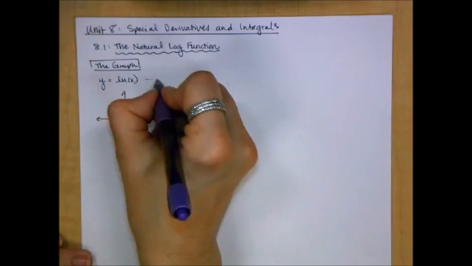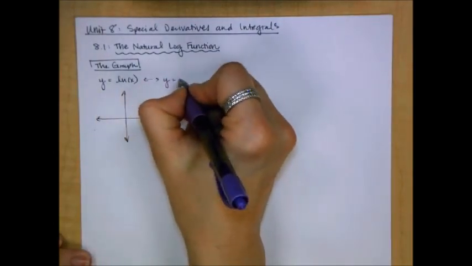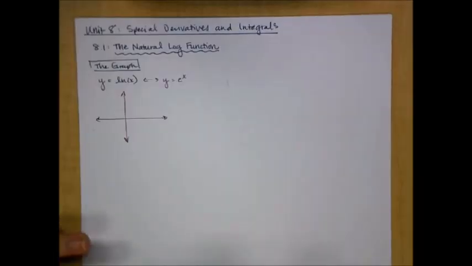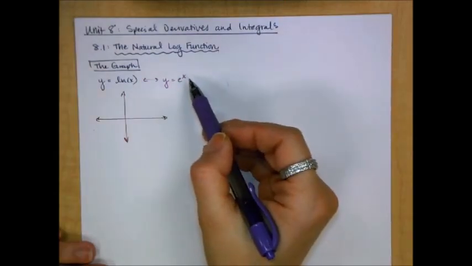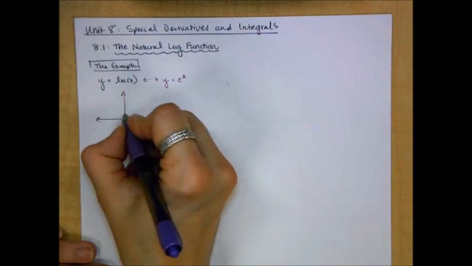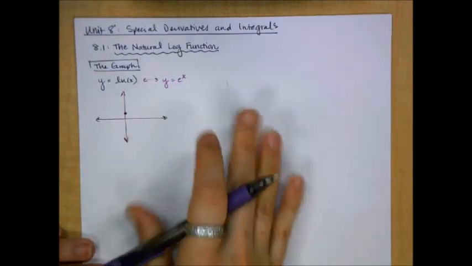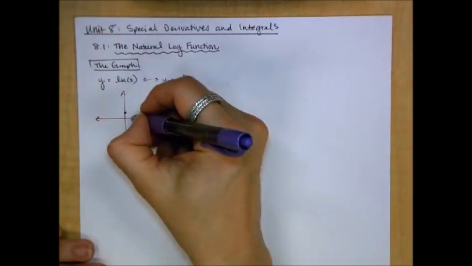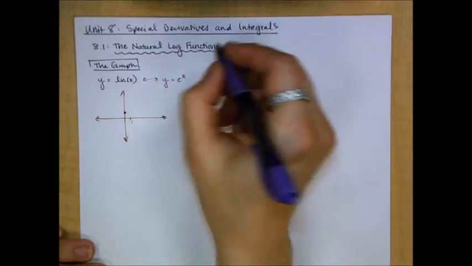So any base to the power x, we'll start with e to the 0 power is 1. Anything to the 0 power is 1. E to the first is going to be e.